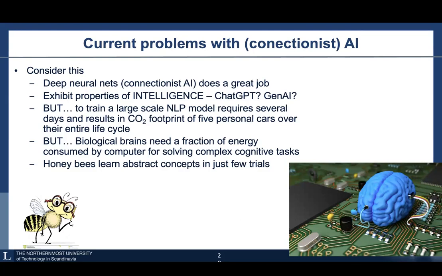They are even able to pass the formal Turing test. But there are serious problems with the purely connectionist approach.